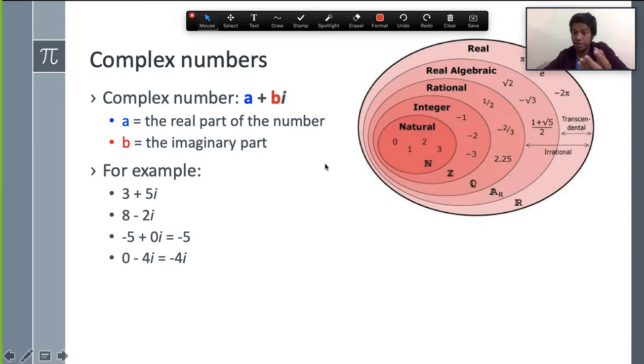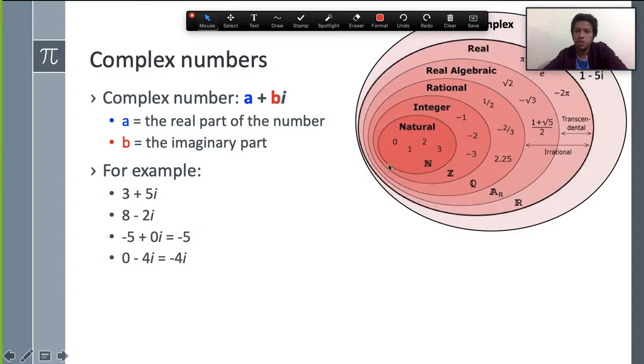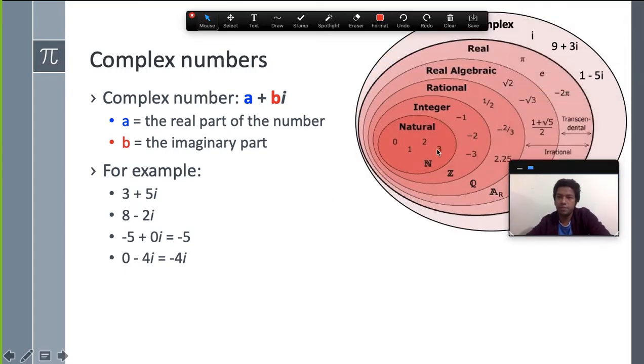Since we introduced this imaginary part, where will they go in our chart? In this chart, they will form the complex numbers. Actually, technically, all the numbers you can also call complex numbers, because if the imaginary part becomes 0, then these numbers also become complex numbers, and they are.